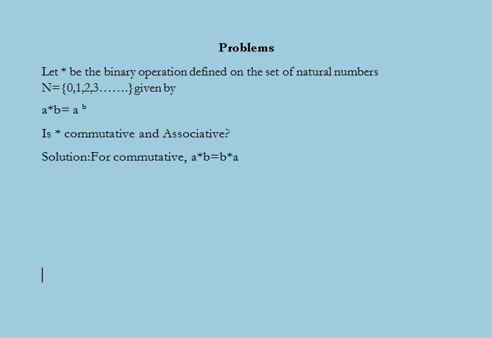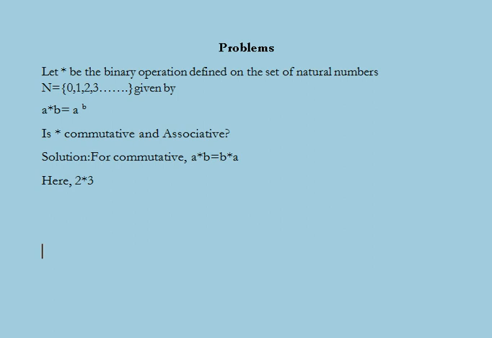Now, as discussed in the previous segments of this lecture, for commutative the function should be of the form a star b should be equal to b star a, where star represents the binary operation which is defined on the given set of numbers. And thus to find whether the given function is commutative or not, suppose a to be 2 and b to be 3.